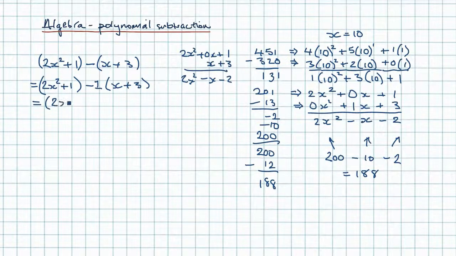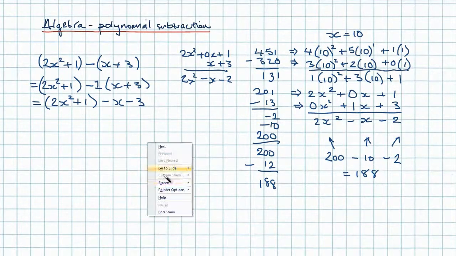So in other words, we've got 2x squared plus 1. Now we're going to distribute this negative 1. Okay, so we say minus, well, 1 times x, it's x, so minus x, and minus 1 times the 3 here, so we've got negative 3.